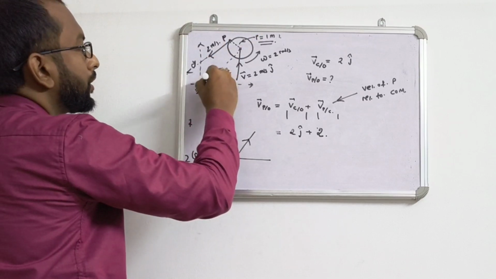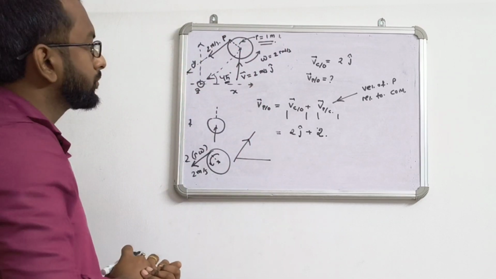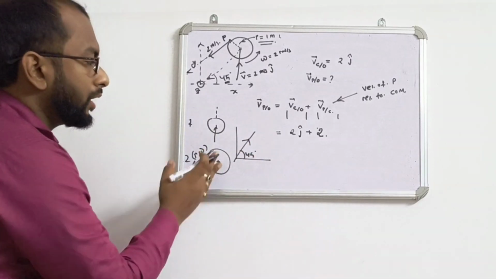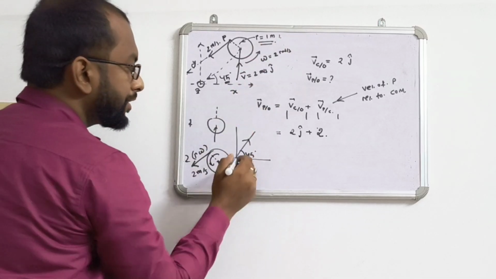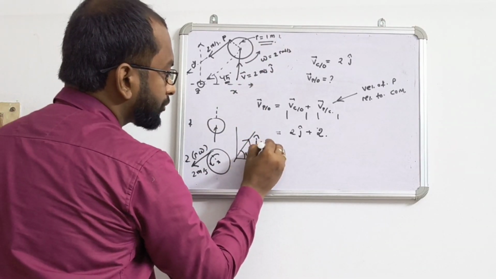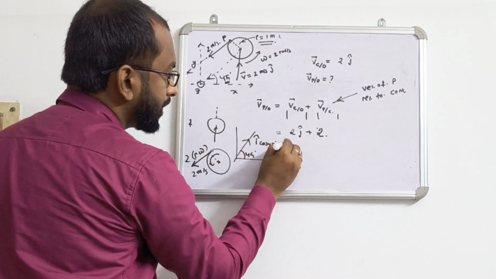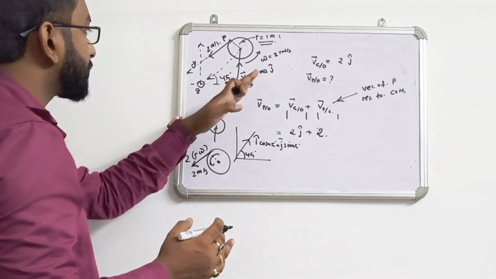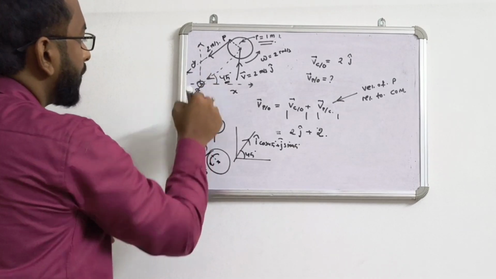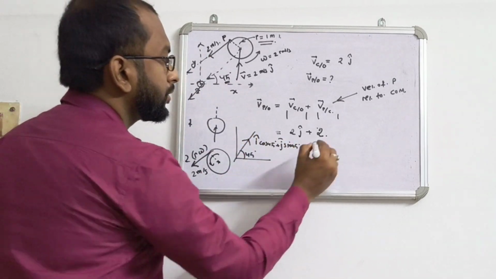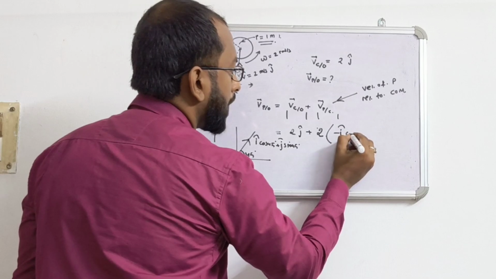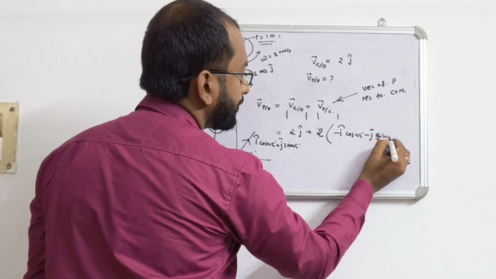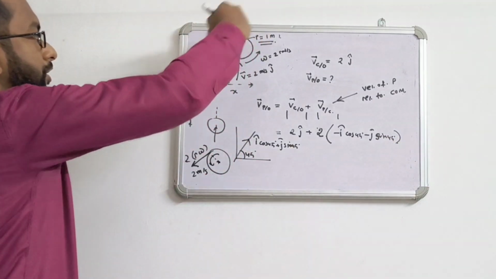If a vector makes an angle of 45 degree, the unit vector in that direction is i cos 45 plus j sin 45. But right now I am moving in the opposite direction, so it is negative y as well as negative x. So I will just put a minus: minus i cos 45 minus j sin 45. That is the unit vector in this direction.